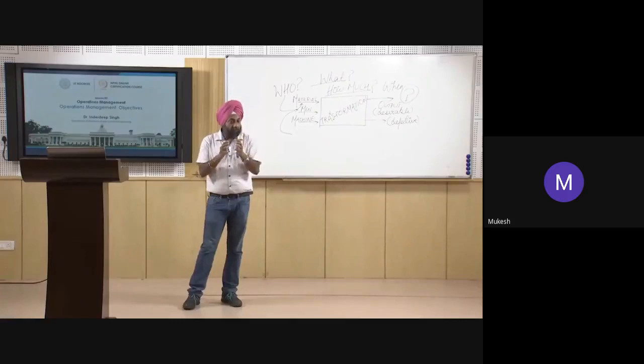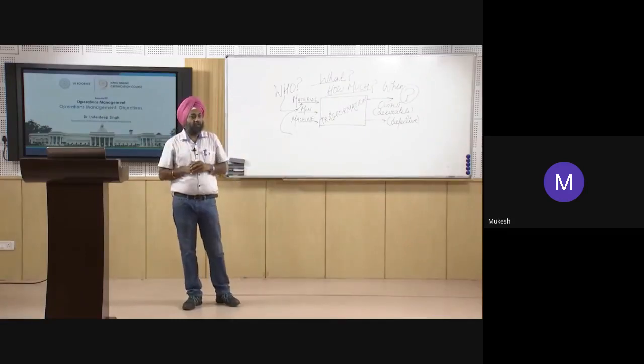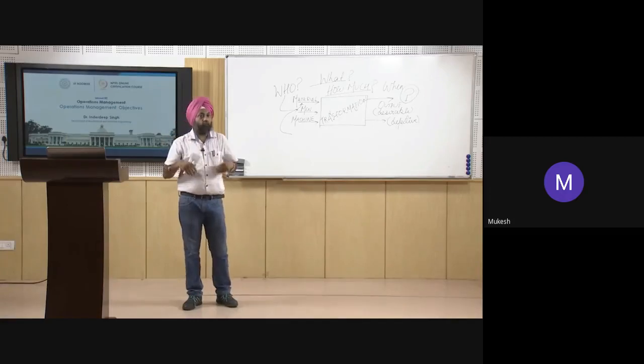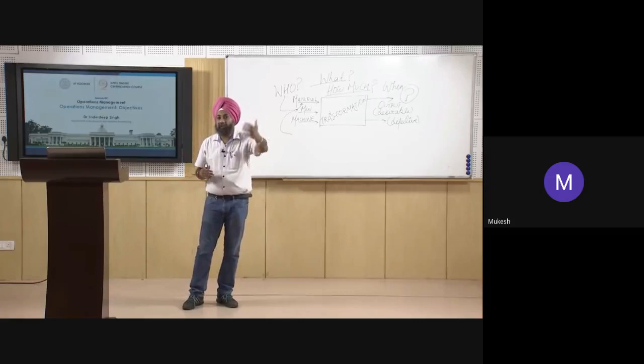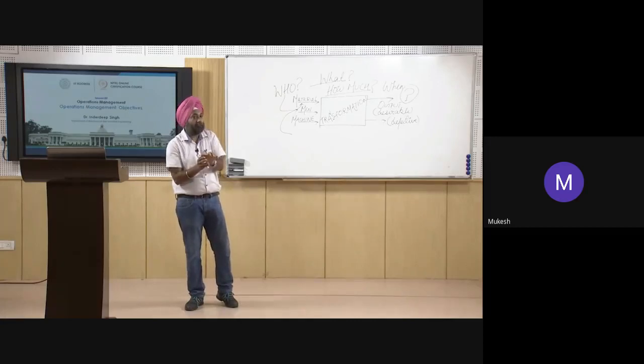Once we have a forecast ready with us, as in the example I have taken, that 400 cars have to be produced in the next week, we will try to understand how that forecast is going to affect our decisions related to material, men, infrastructure, and the time or schedule.